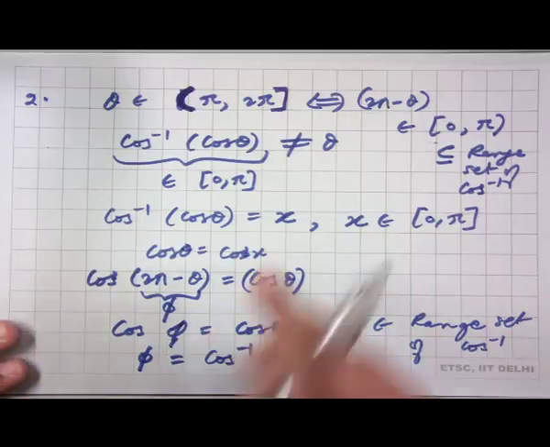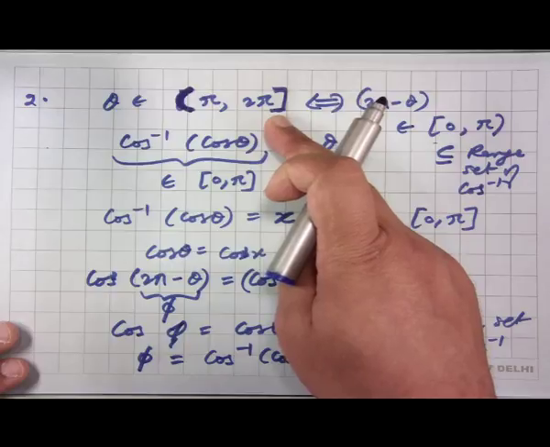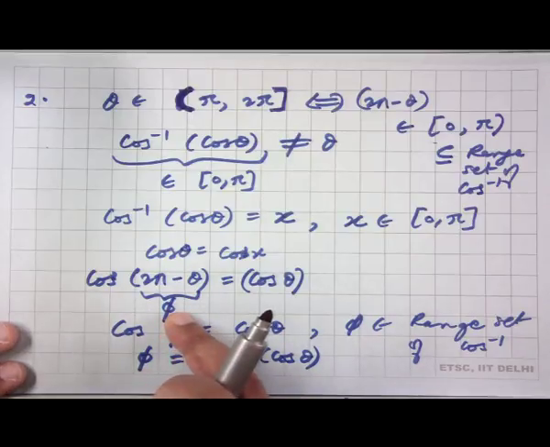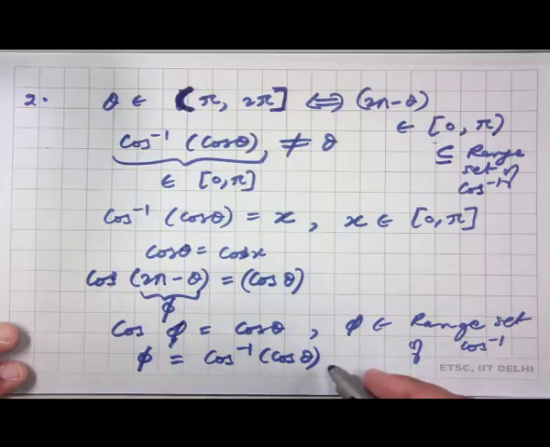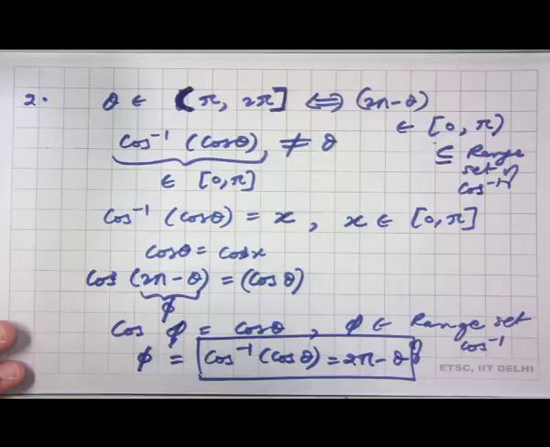Hence, in this second case where theta belongs to pi to 2 pi, cos inverse of cos theta is equal to 2 pi minus theta.